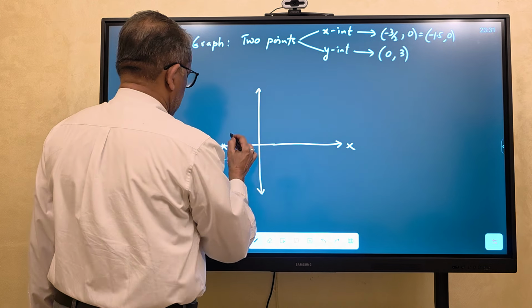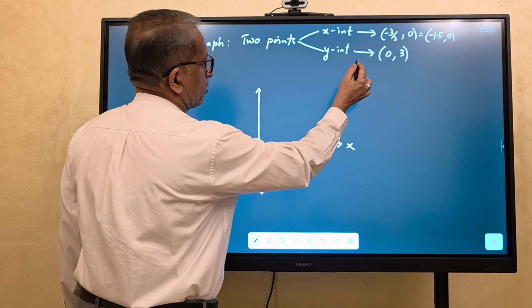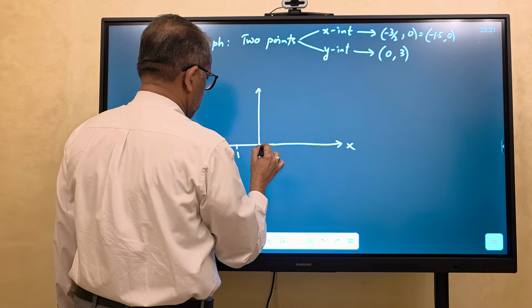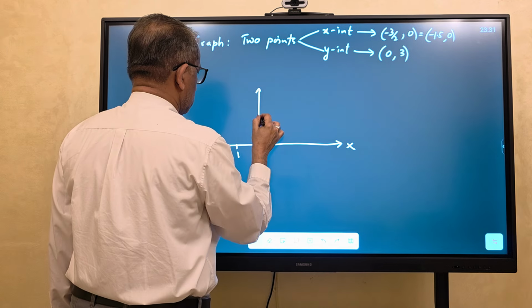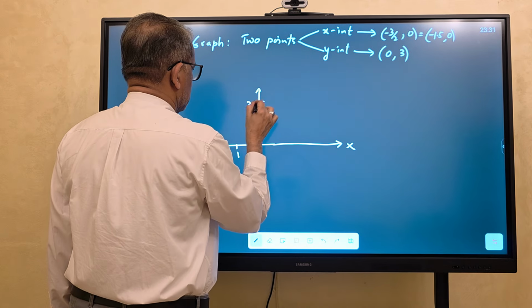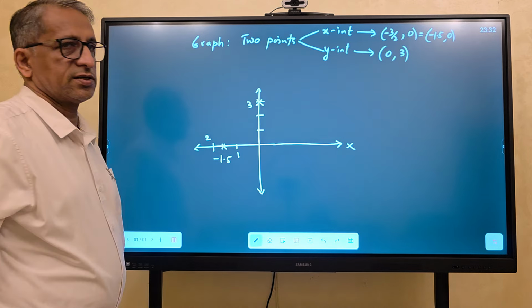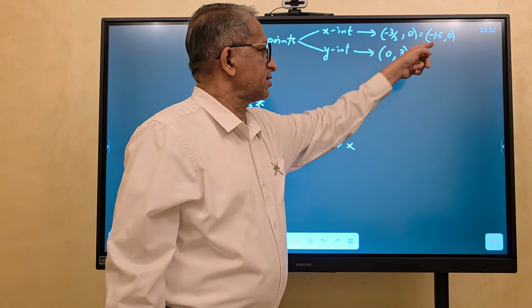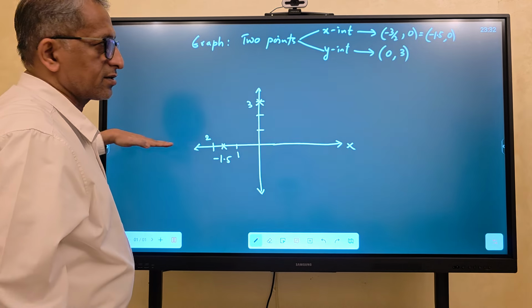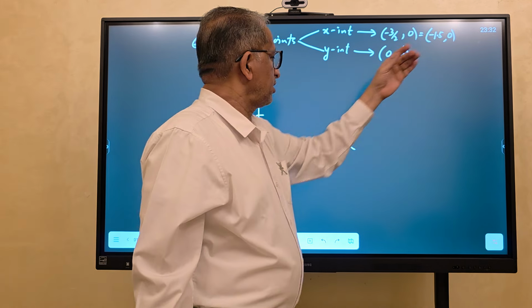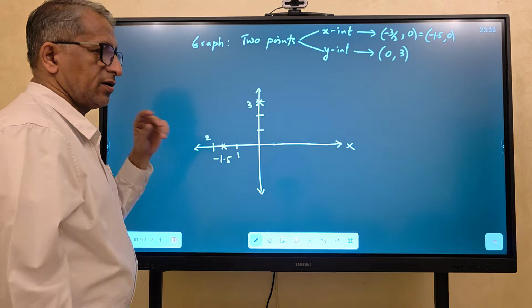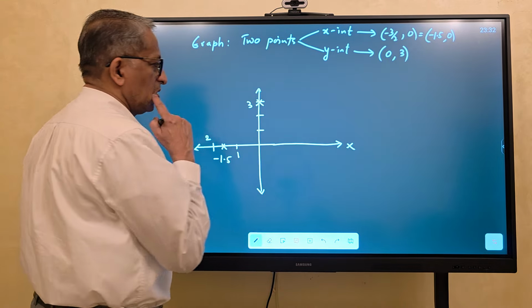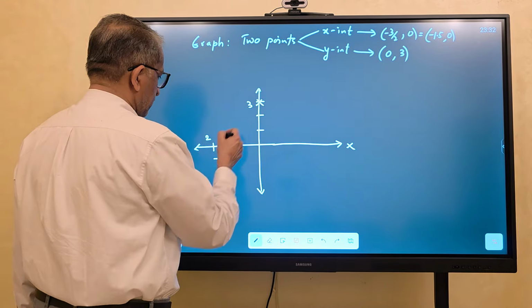Then minus 1.0. What is the y-intercept? 0 comma 3. That means 1, 2, 3. This is the y-intercept. Please remember, y-intercept means it is on the y-axis. X-intercept means it is on the x-axis. Since x is negative, on the left hand side you have negative, on the right side you have a positive. Now I have 2 points.